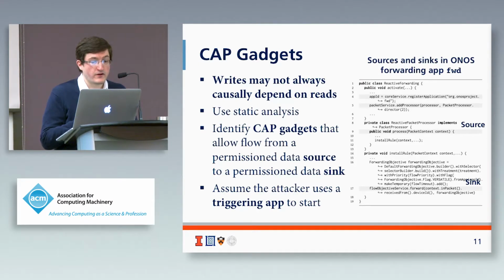We can chain various cap gadgets together, but we assume that the attacker has some sort of a triggering app to be able to start this chain reaction process. So by being able to influence one data structure, they can then propagate what they want further down the line and use other applications in order to do it.